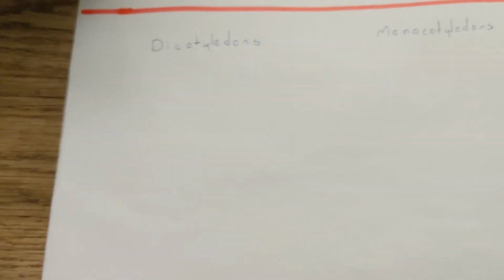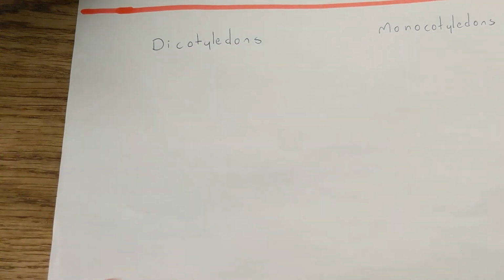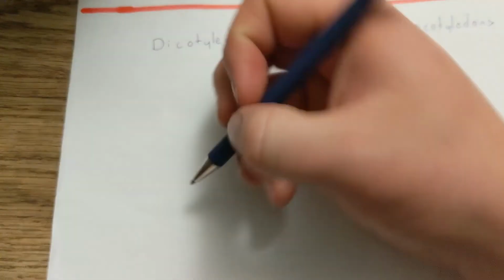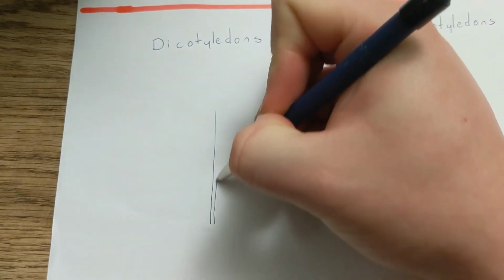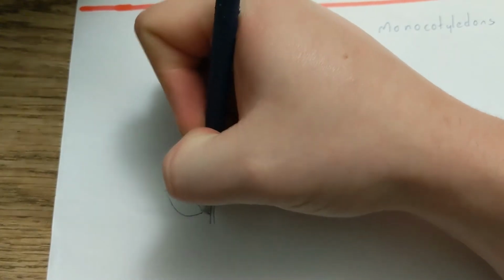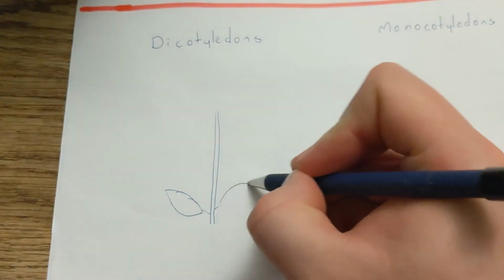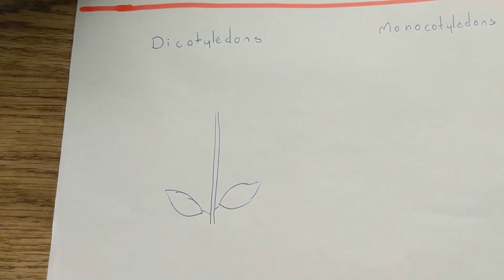So, I'm going to do a little sketch of what we need to know about a dicotyledon, showing some bits we need to be able to label and talk about. So, dicotyledon, basically, you've got your stem coming up the middle. Then you might have some leaves coming off it to the side like this, and don't laugh at my artistic ability or lack of it.